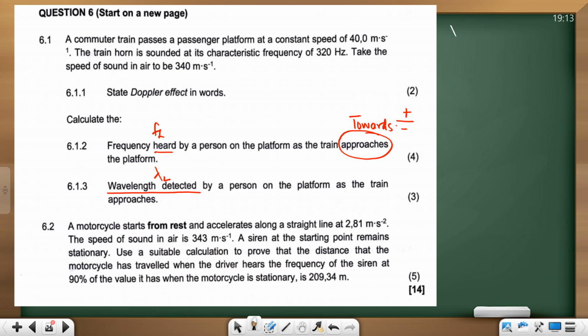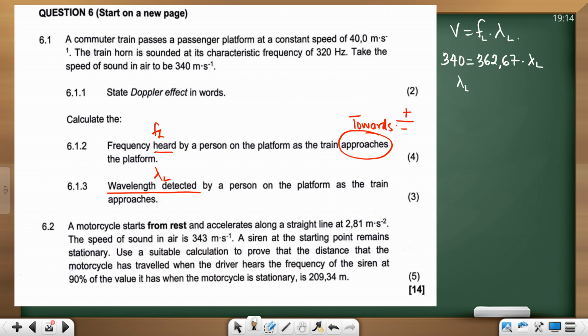So we said V is f of the listener times the wavelength of the listener. They said take the speed of sound to be what? 340. We're given that. What is the frequency of the listener? 362,67 multiplied by that.